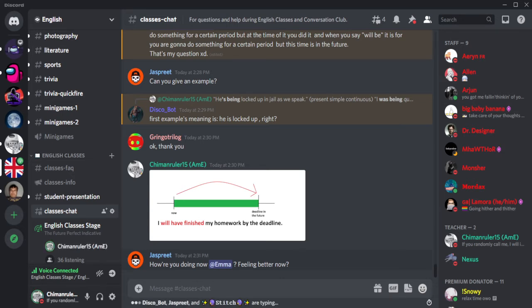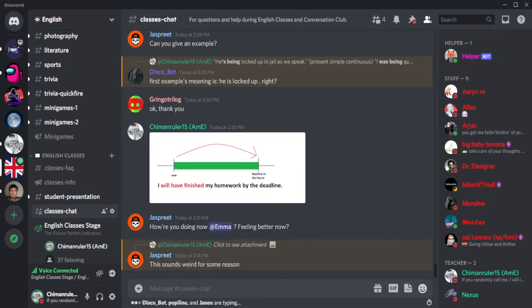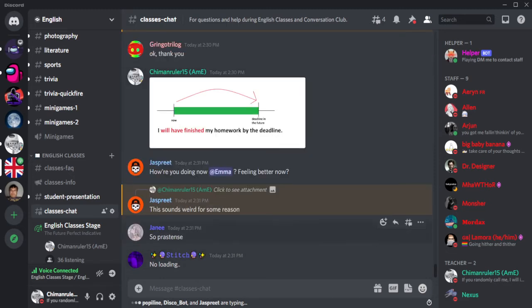The first example means he is locked up, right? It means kind of. It means he's in the process of getting locked up. Okay.